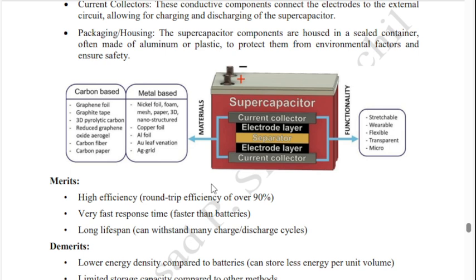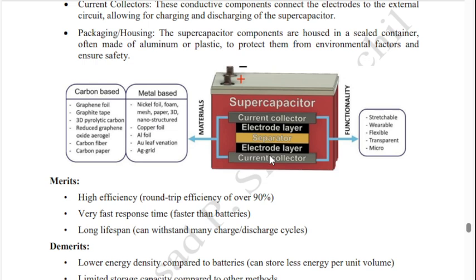Right now it is used, and a lot of research is still going on to improve the storage capacity and the speed of storage, and the speed of getting it back. We know our mobiles, we want charging in 5 minutes to reach 100%, and that type of storage.